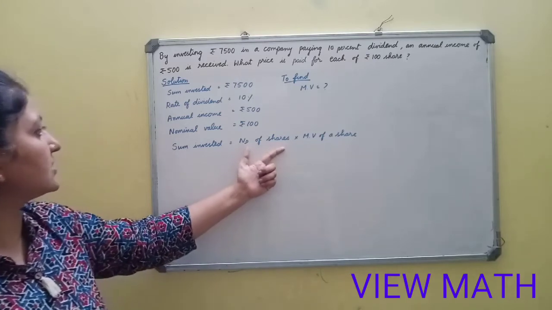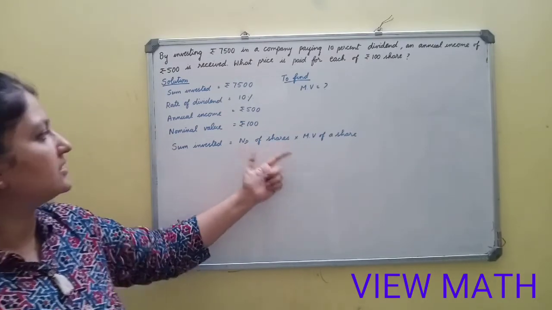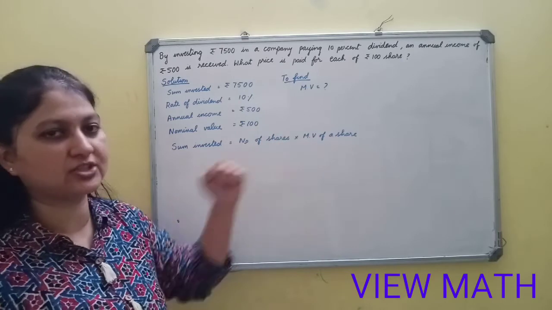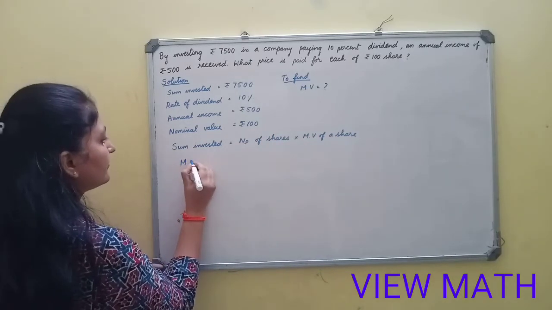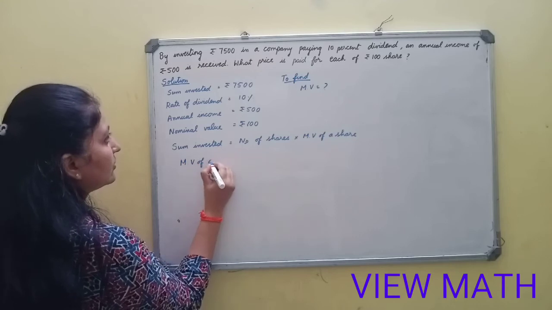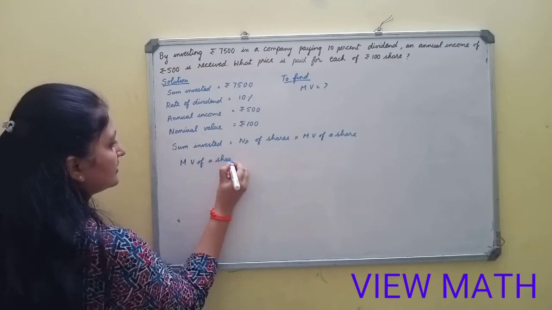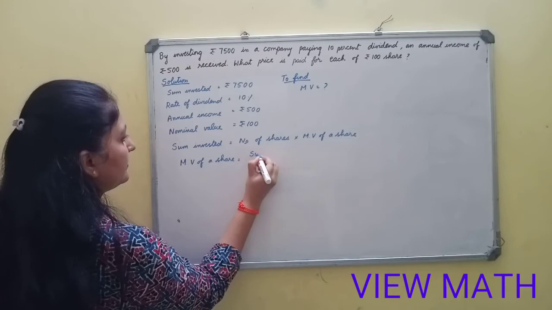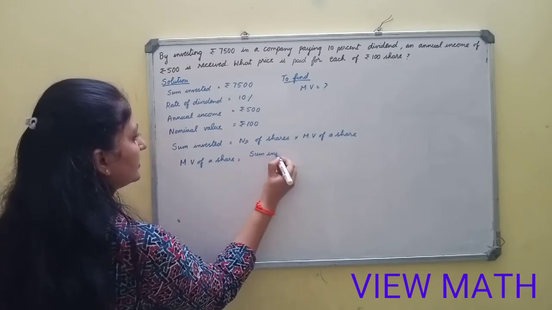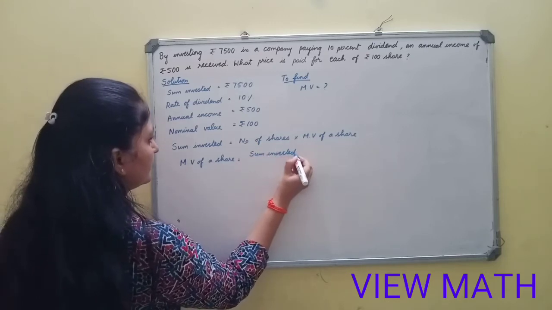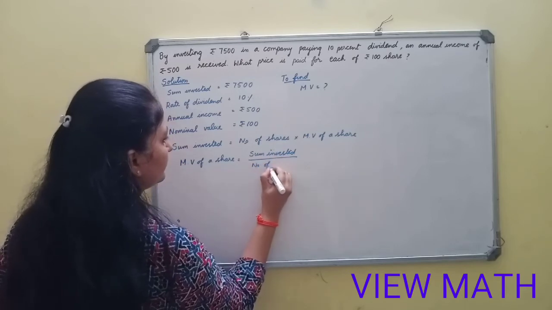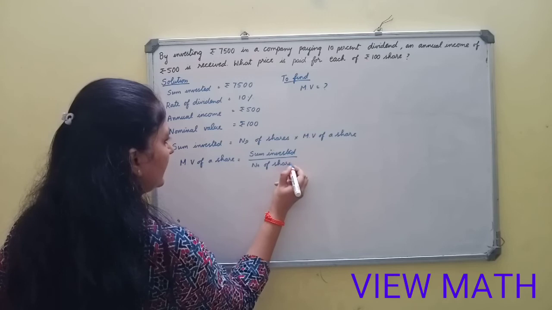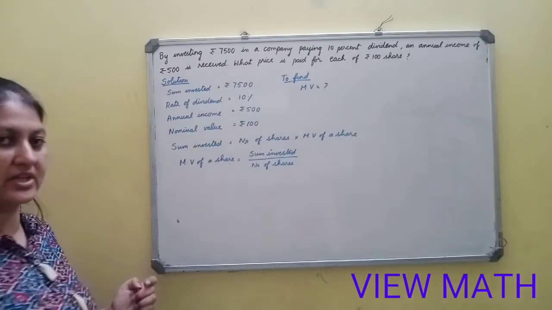Number of shares we don't know, we have to find out. So using this formula, we can find the market value of a share. That is, market value of a share is equal to sum invested by number of shares.